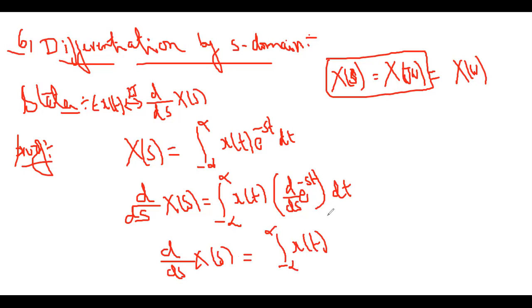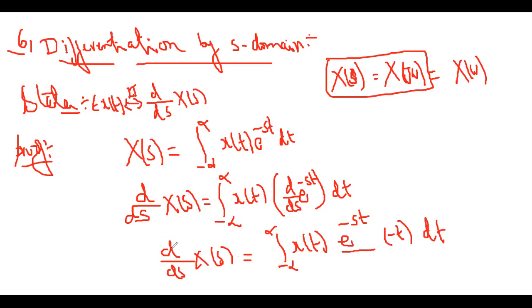Now what is the derivative of this one? Applying the derivative with respect to s, d by ds of e power minus st, the s coefficient is minus t, into dt.